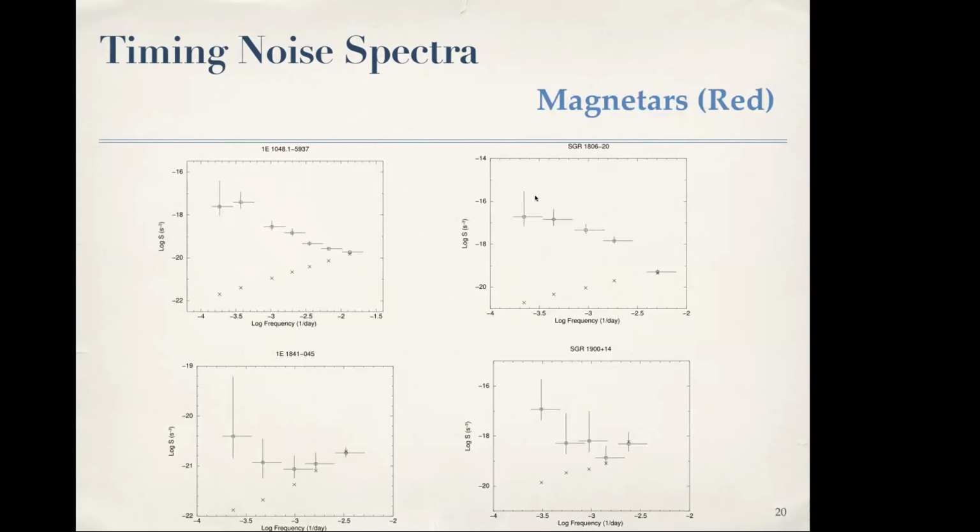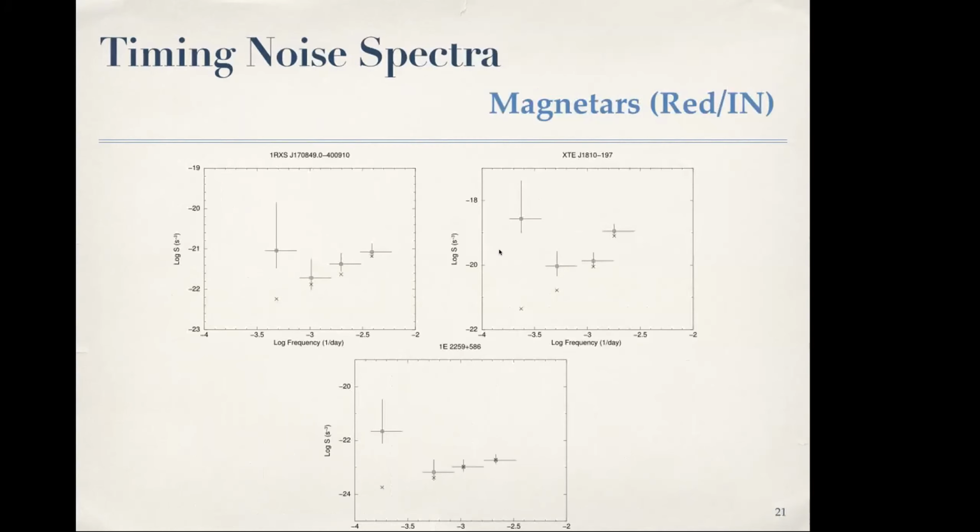This group of magnetars consists of those characterized by a red noise power density spectrum. By red noise, as I mentioned earlier, we mean that their timing noise strength values are dependent on the time span over which they are measured.